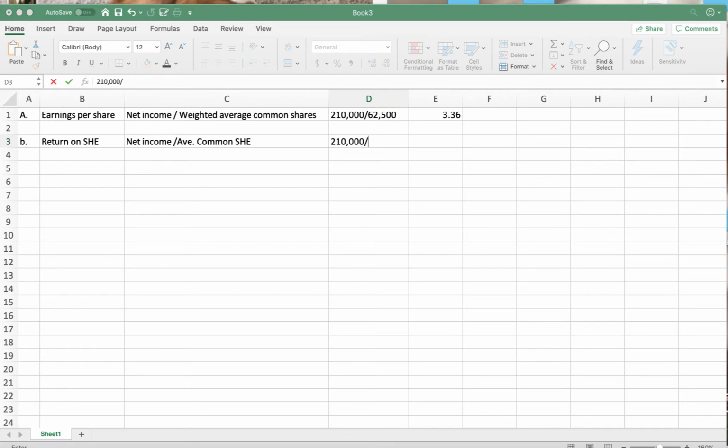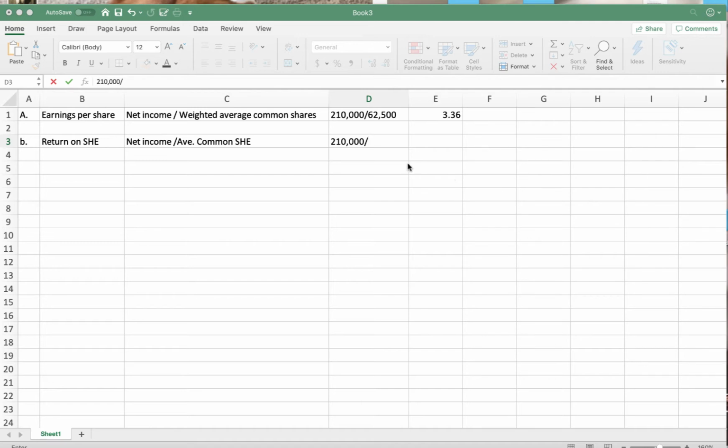Well, if I go to the balance sheet, I can see that in 2016, the total shareholders' equity was $465,400. In 2017, it was $556,700. Okay, I just went to the balance sheet and I looked at total shareholders' equity.